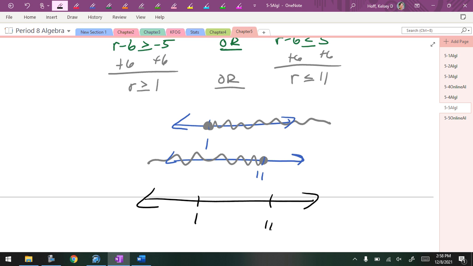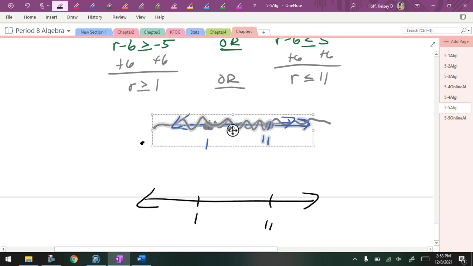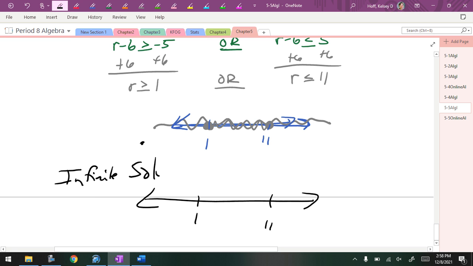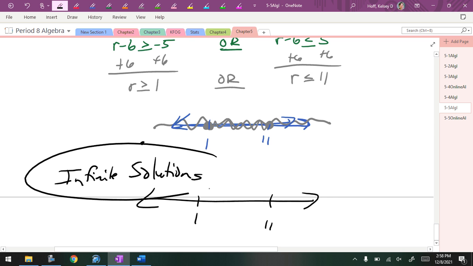On the wings? You shaded the wings? If I shoved these two on top of one another, where is their shading? Everywhere. What's your answer to this? Infinite solutions. Why?